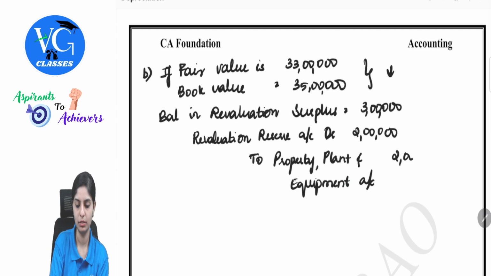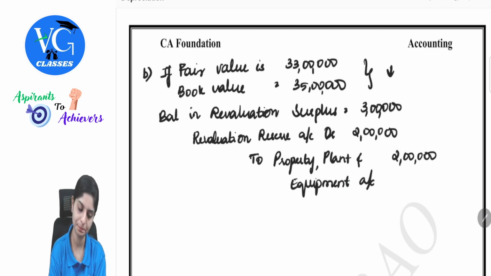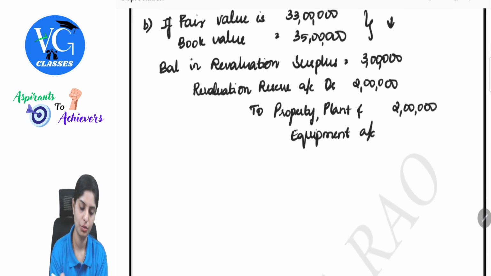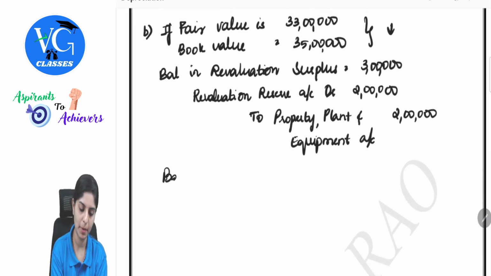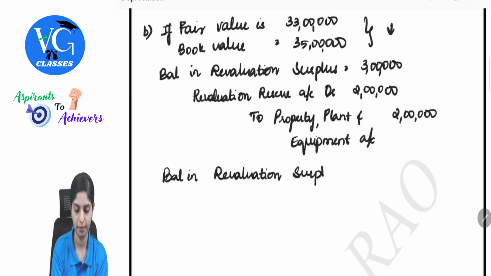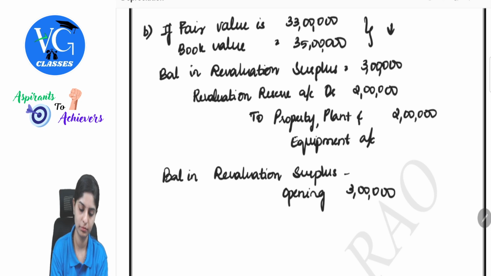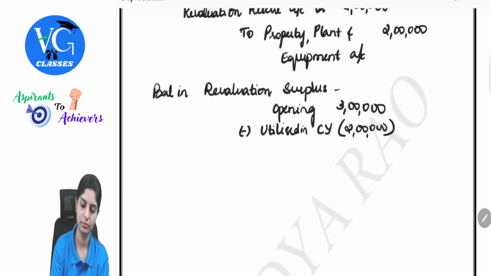This is 2 lakh. Clear? Yes. So if I have to check balance in revaluation surplus, opening was 3 lakh, utilized in current year is 2 lakh. So I'll be left with 1 more lakh.